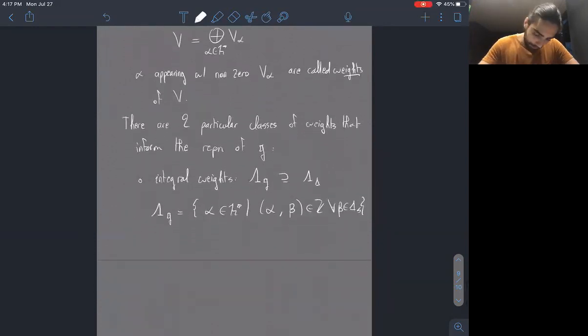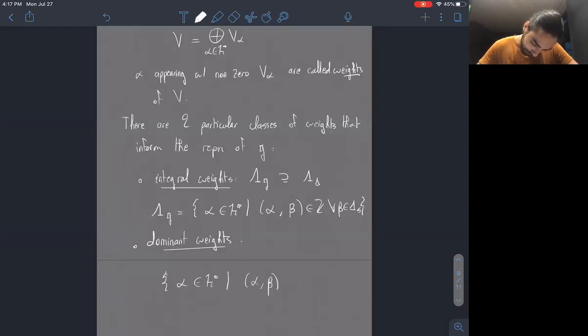So that's the first desirable condition for a weight. And the second one is a so-called dominant weight. These are defined as those weights which pair to every simple root to a non-negative value.